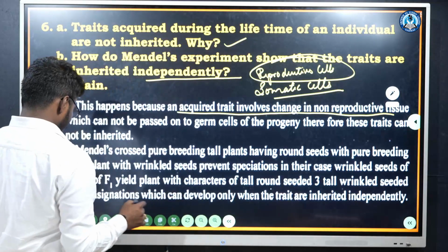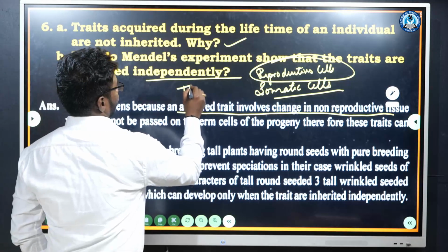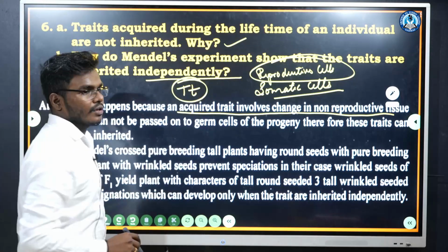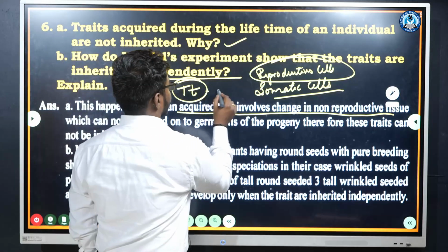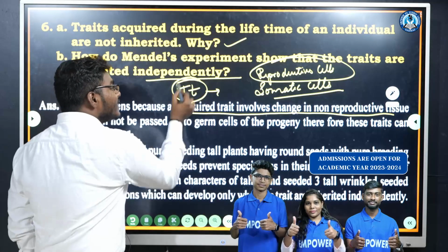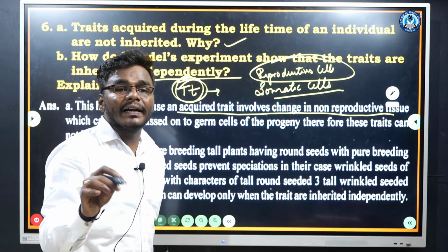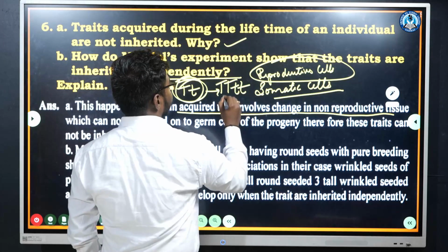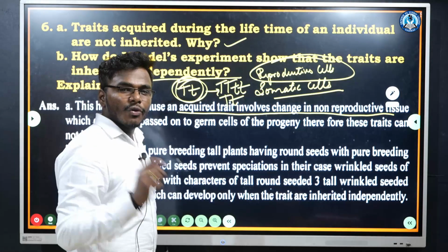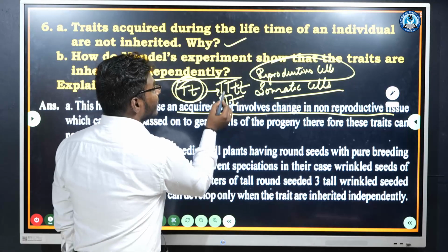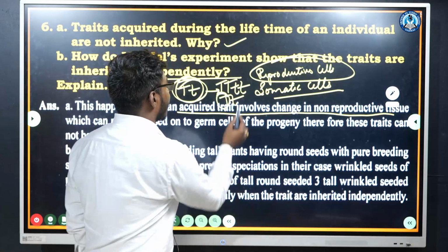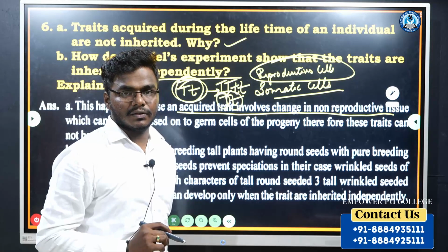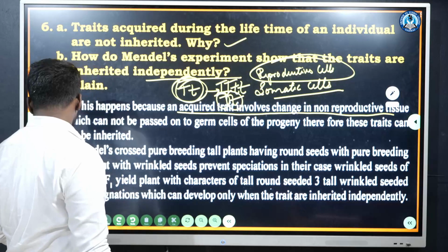In the F2 generation, these gametes again independently assort into capital T, small t, capital T, small t. Independent assortment says that one character is not influenced by the other. Both will express independently without disturbing the other characters.